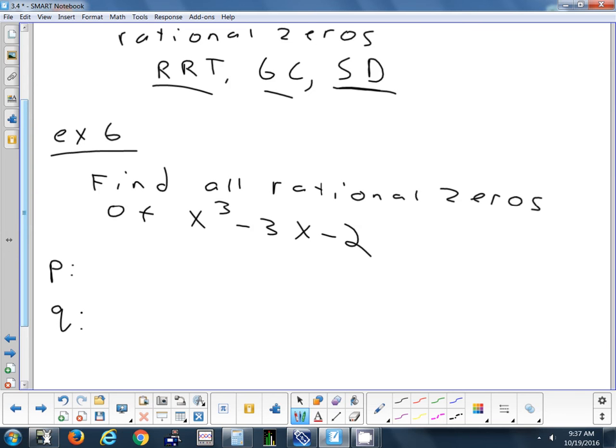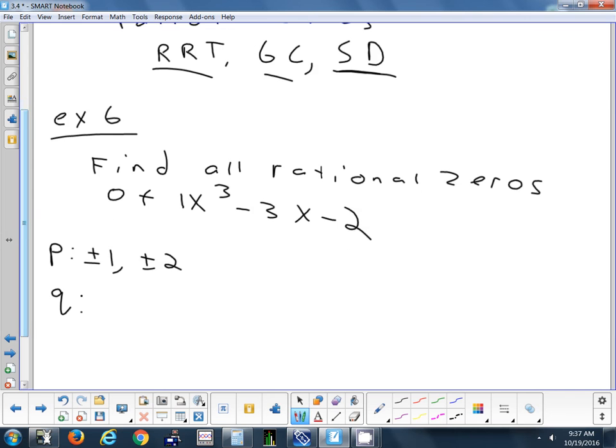What are all the numbers that divide into -2? Plus or minus 1, plus or minus 2. That's it. Okay. Q is all the factors of what number? 1. No, it's not there. That's the number. What are all the numbers that divide into 1? That's it. So there's not going to be that many options here for rational roots.